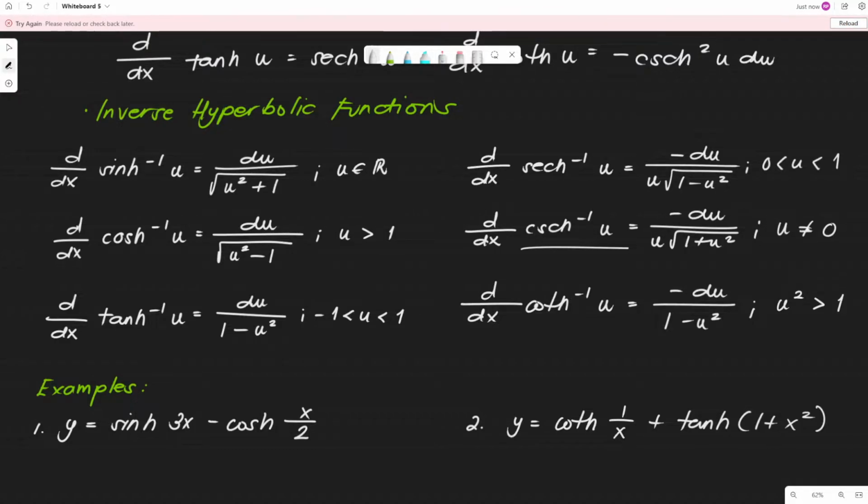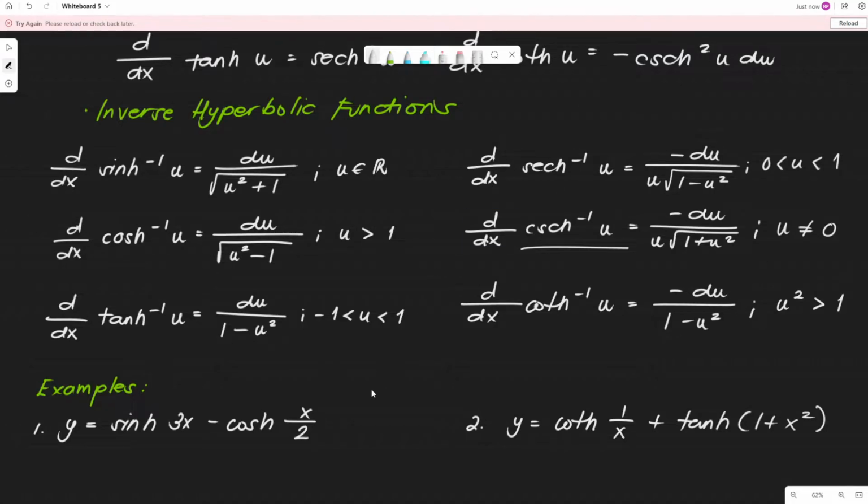Kasi u should not be equal to 0. Gets nyo ba? So, I hope you got it, guys. So, these conditions will only fall kapag nagkaroon na tayo ng substitution. Pero kapag we're just getting the plain derivative, without substituting values to y and x, this is okay. Walang problema diyan. So just get the formula, then substitute du and u, then you're good.